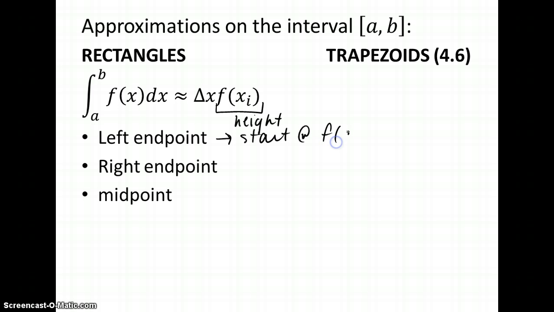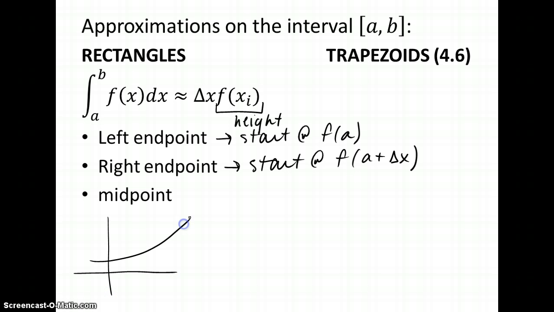With a left endpoint approximation, we always start at f of a, regardless of whether the left endpoint will be our upper sum or our lower sum. A right endpoint approximation, we start at f of a plus delta x. Now for a midpoint approximation, think about a function between a and b.